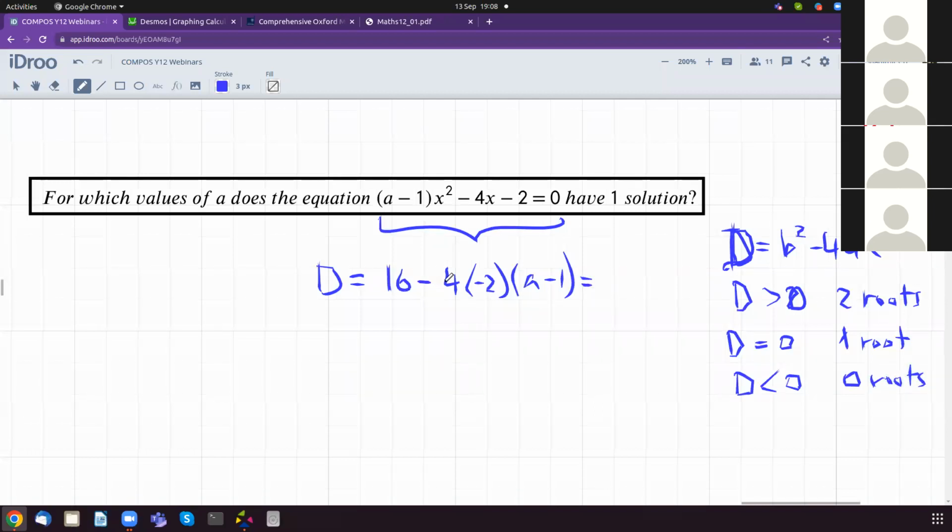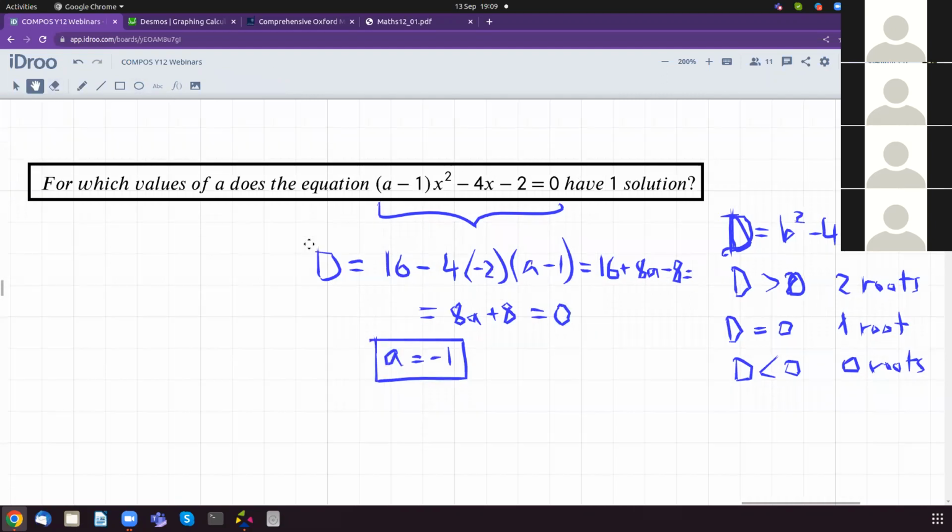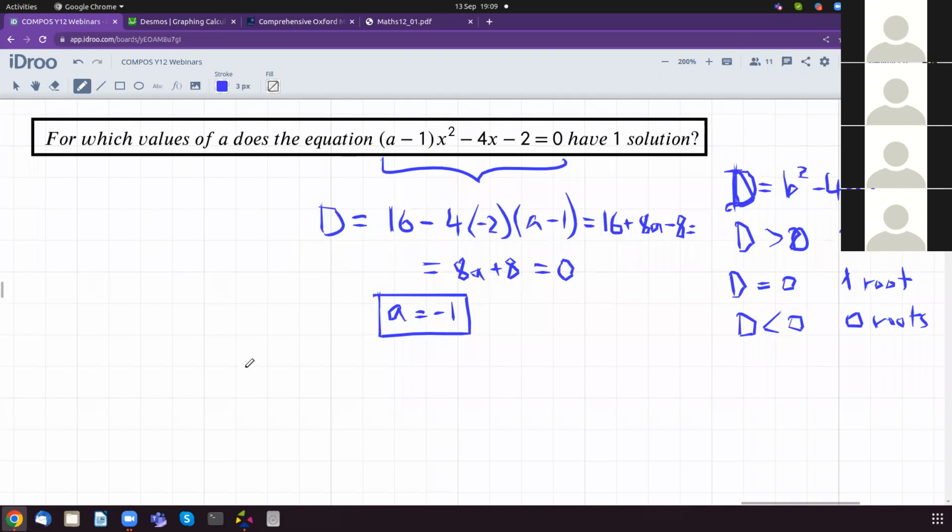And the discriminant is 16 plus 8a minus 8. So that is 8 plus 8a, so 8a plus 8. So it has one root when the discriminant is 0. That means a equals minus 1. So when a equals minus 1, this equation has one root. Let's check that.